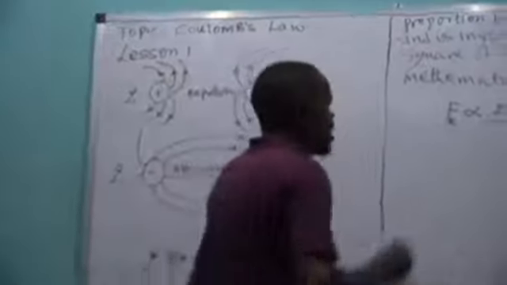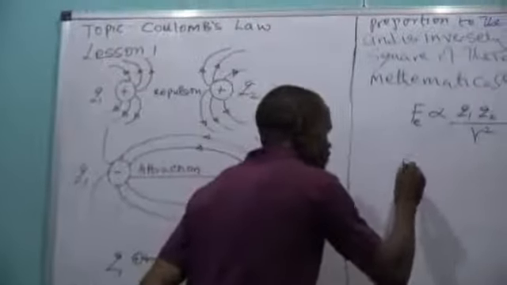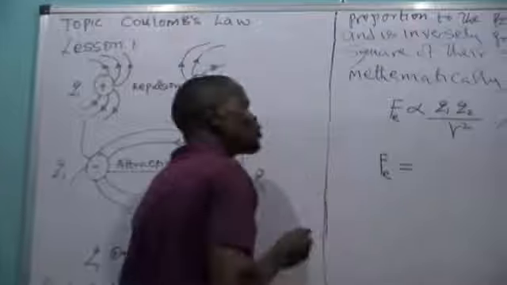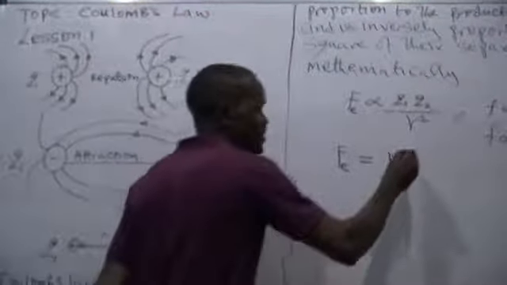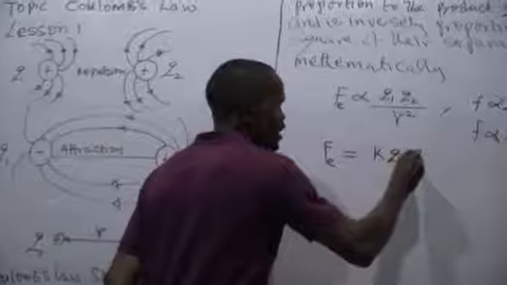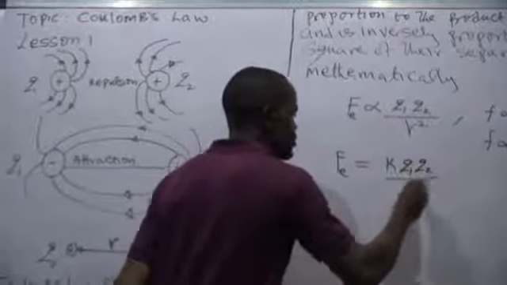Then now, Fe equals, for the equals sign to be applied, I have to apply a constant, which is called K, Q1 and Q2 all over R squared.